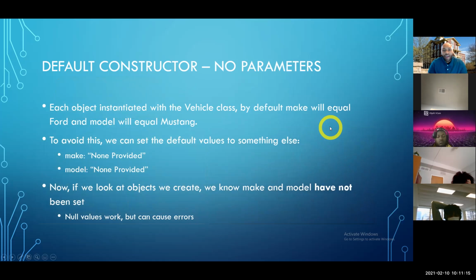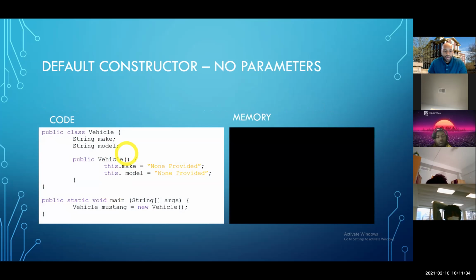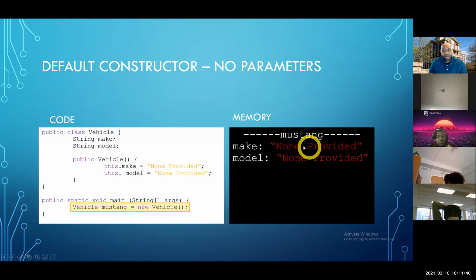That way, when we look at these objects, if we see none provided, we know we haven't provided a make and model yet. And we kind of want to avoid those null values especially, because they can create errors down the road. So instead of Ford Mustang, I'm putting make and model equal to none provided, so that when we run this line, we're going to get none provided.